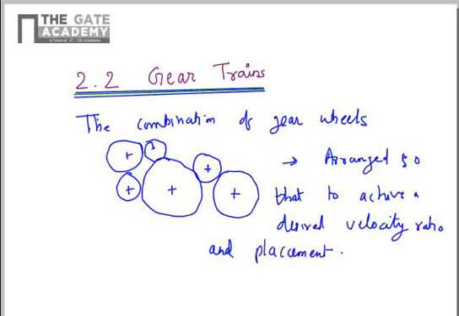Sometimes with a single gear arrangement, it is not possible to place the shafts in the required fashion. You need to do some transmission through two or three gear trains, and sometimes the velocity ratio is also not achievable with a single gear train. Let's say if you want a very high reduction, you use one gear train, and then you use a further smaller one on the second. In that way, you can get a large velocity ratio reduction.